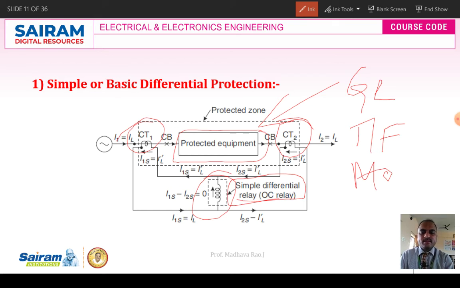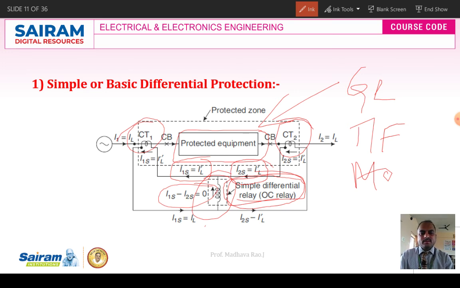Normally IS1 equals IL dash and IS2 equals IL dash. We find the difference of these two currents, I1S minus I2S, which is equal to 0 when there is no fault. If the difference is not equal to 0, then a fault may have occurred, and the operating coil of the relay will operate and isolate the fault. By that, we can protect the equipment.